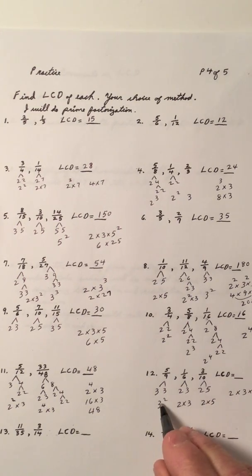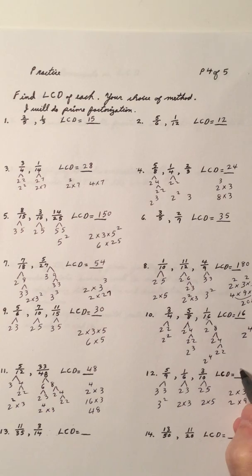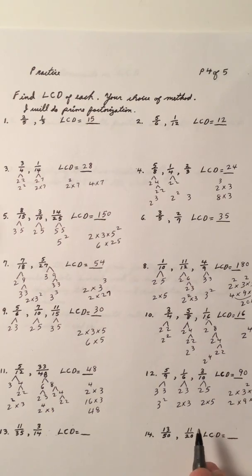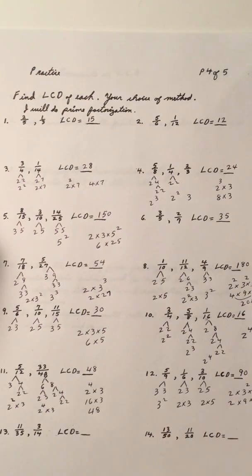For 3, I have a 2 and a 1, so I picked a 2. 5 is only 1 5, so I have a 2 times 9 times 5. 2 times 5 is 10. 10 times 9 is 90. So my least common multiple is 90. My LCD for these three is the same, 90.